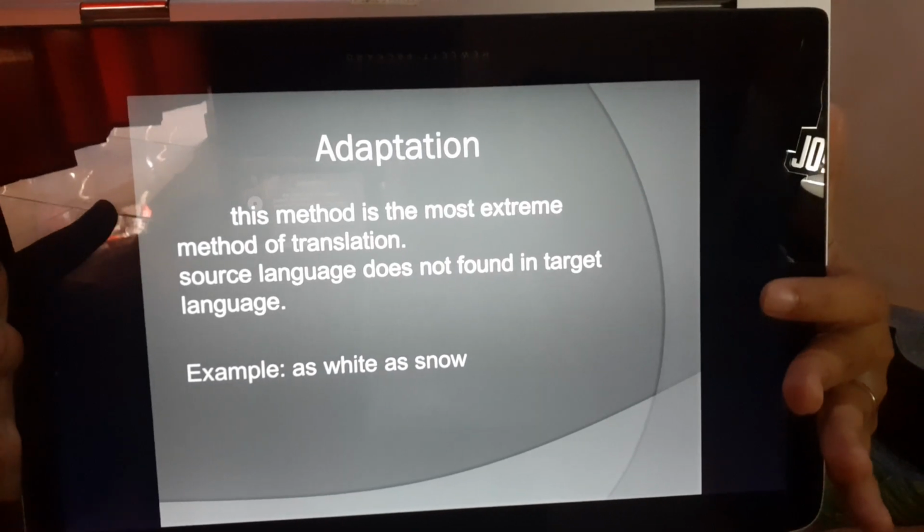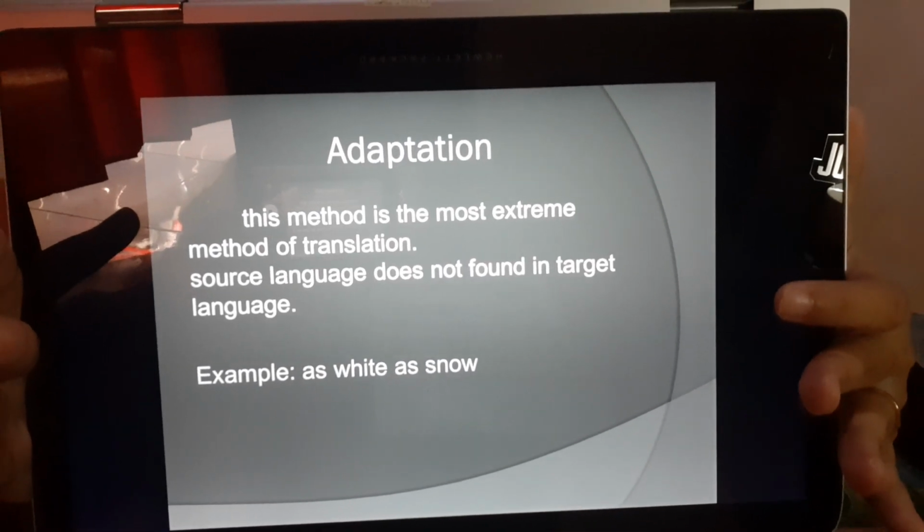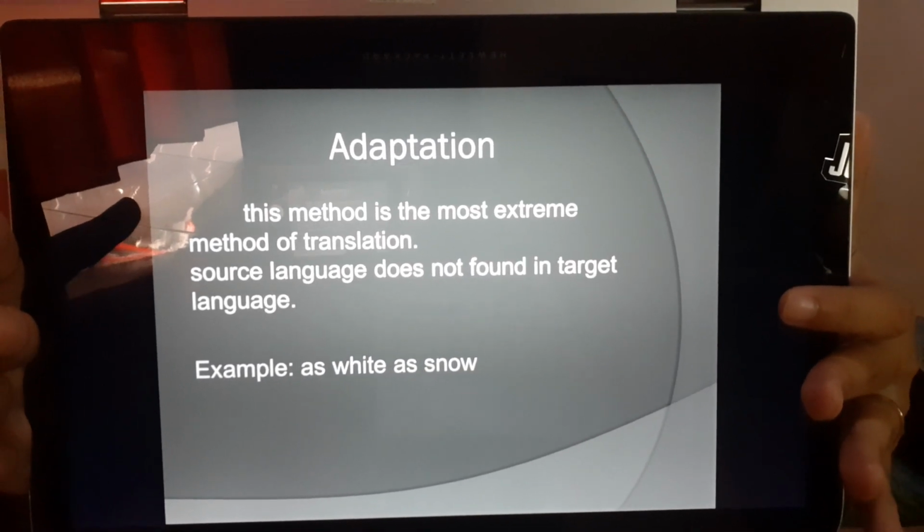You can read this verse again. The meaning of as white as snow is not in our Bahasa. The meaning is not seputih salju, but here the meaning is seputih kapas. We can call it, in this method, in this example, it's like an idiom.